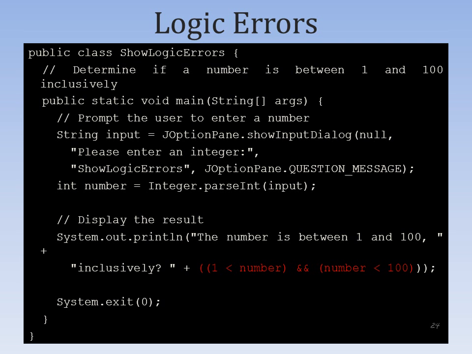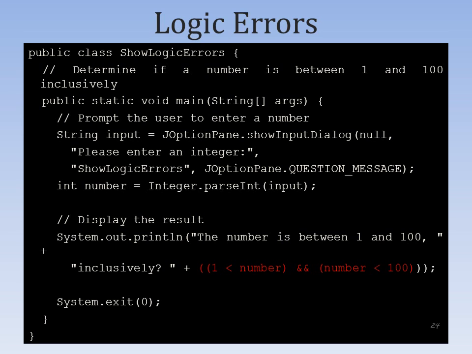Okay, here's an example of a logic error. Some of the coding is probably unfamiliar to you. The purpose of the program is to determine if a number that the user enters is between 1 and 100 inclusive. The JOptionPane stuff there is a GUI way of asking the user for input instead of simply the command window that we have used.